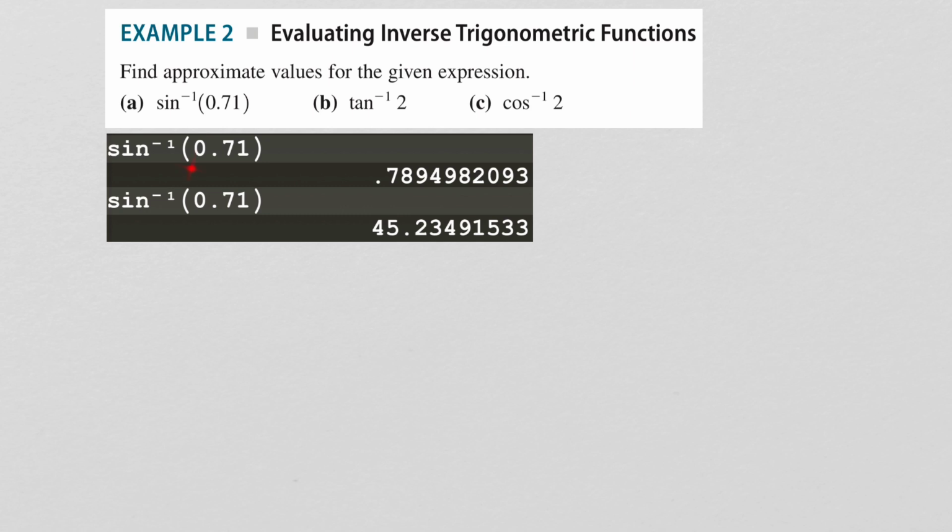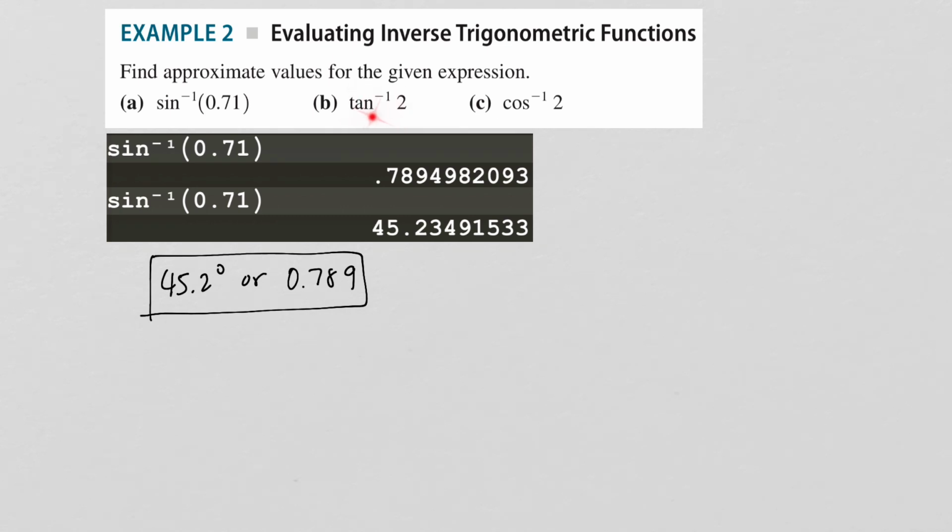Now, when I plug this into my calculator, I had to put my calculator in radian mode when I did this one, and I put it in degree mode when I did this one. So the answer here is 45.2 degrees, or in radians, 0.789. And the way we know this is radians is we do not put the degree symbol.